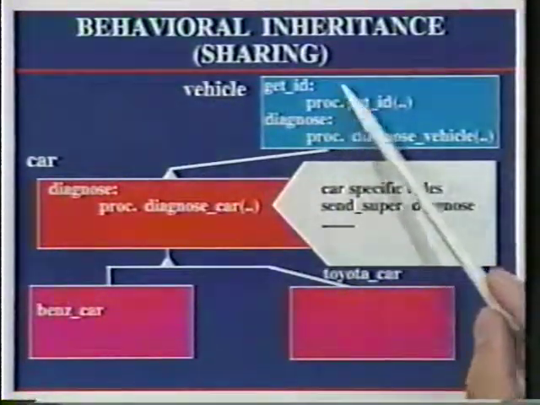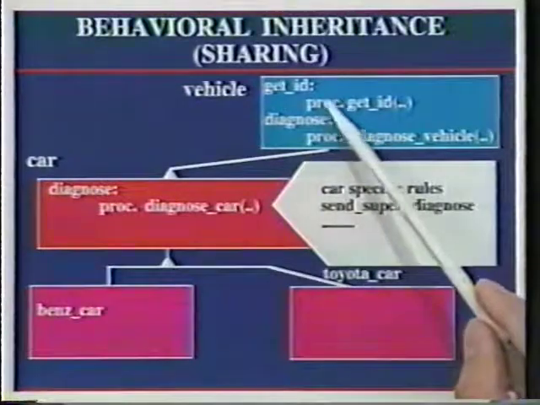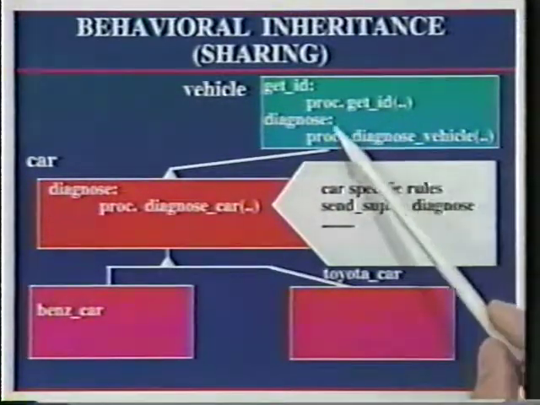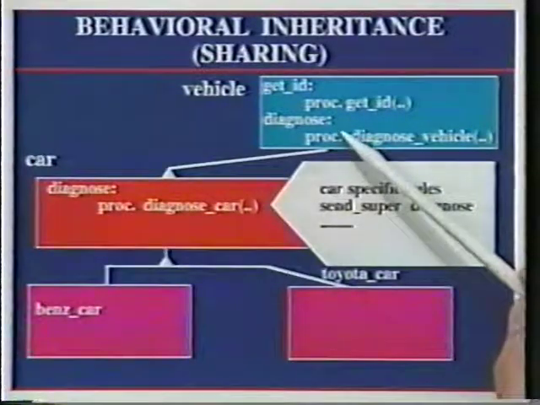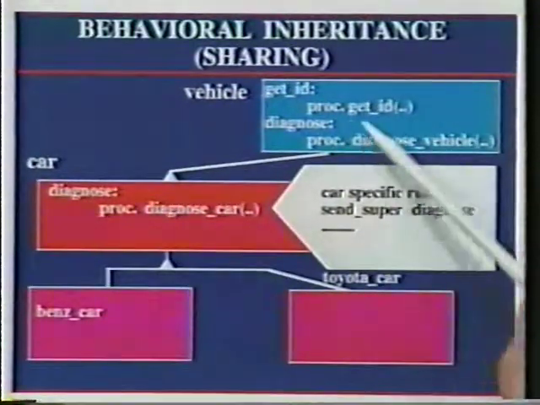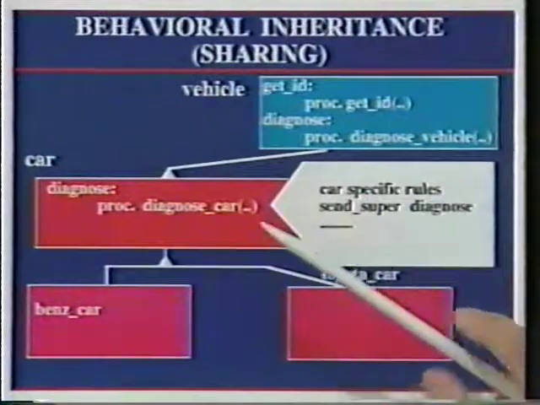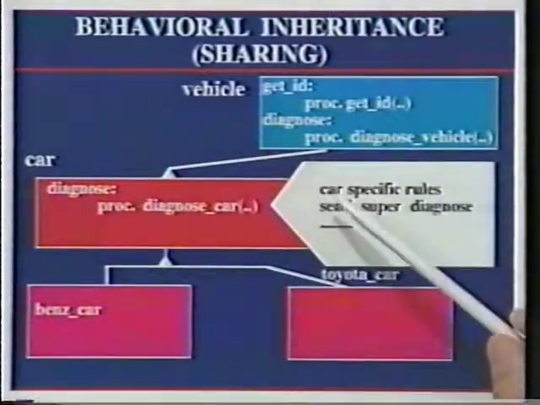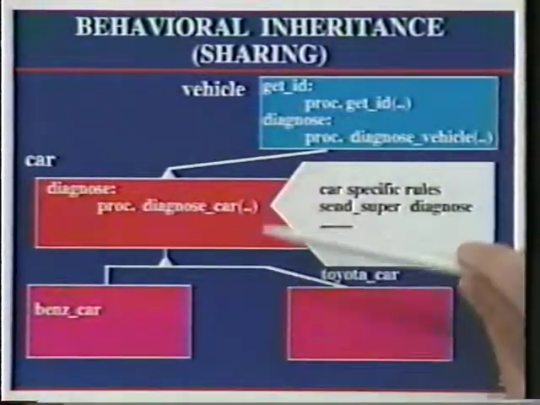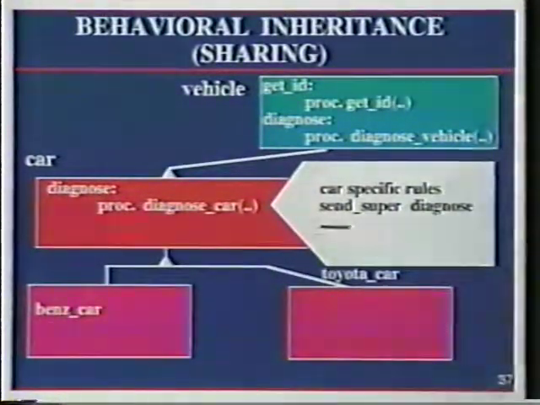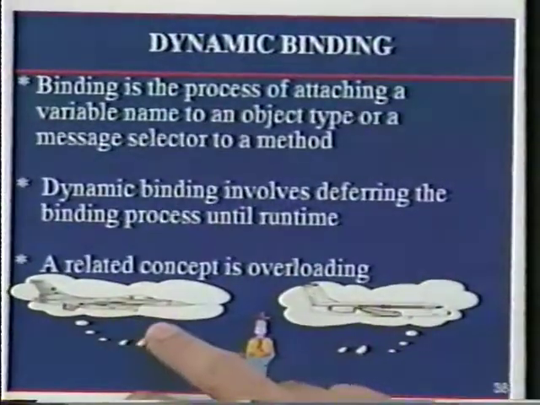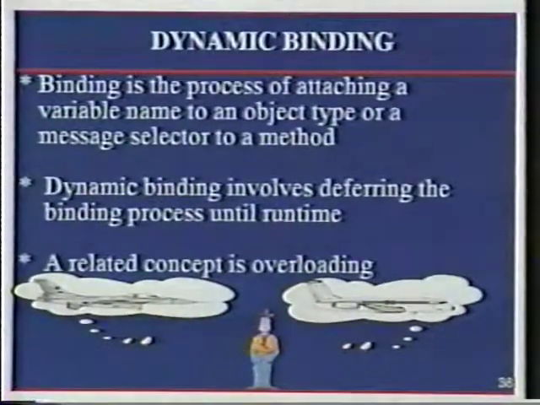It will go and pick up the appropriate parent in this taxonomy and invoke the appropriate procedure in there. So what I am doing now is reusing certain behavior which is defined at the parent level and in the child level, and we can continue this process along. Now I will define another concept called dynamic binding.